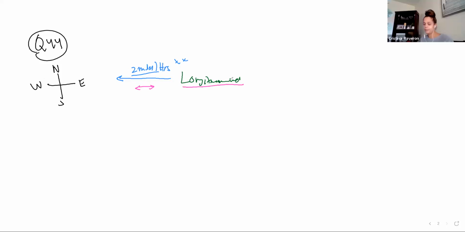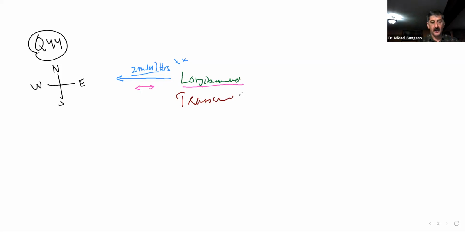Had the wording been a transverse wave moves from east to west or west to east, and then they ask what is going to be the direction of the particle motion, since it is a transverse wave, the particle motion would have been north to south and south to north.